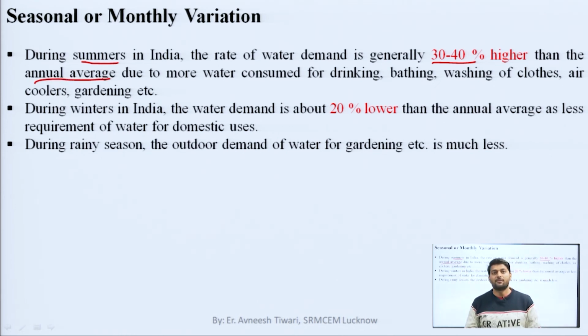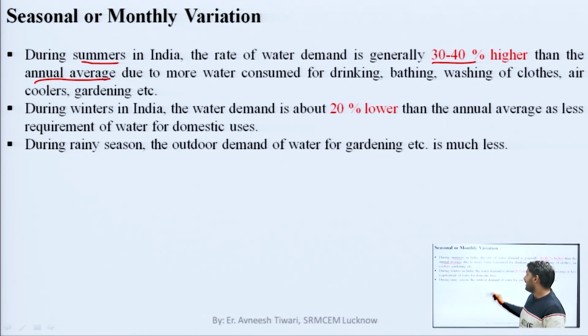It means the water demand in summer is 30 to 40% more than our annual average demand. And what is the reason behind that? More water is consumed for the purpose of drinking, bathing, washing and so on.